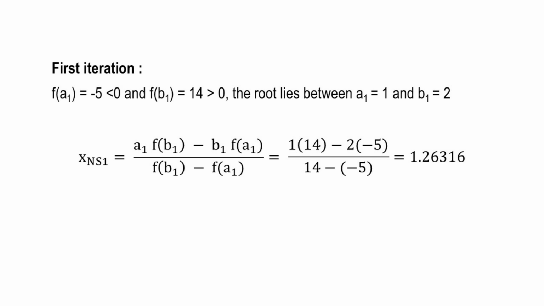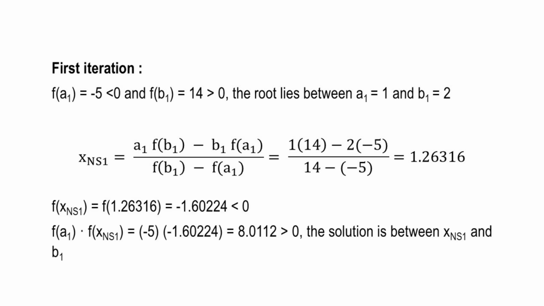The result is 1.26316. If we compute the value of f(x sub ns1), where x sub ns1 is equal to 1.26316, the result is minus 1.60224. It is less than 0.